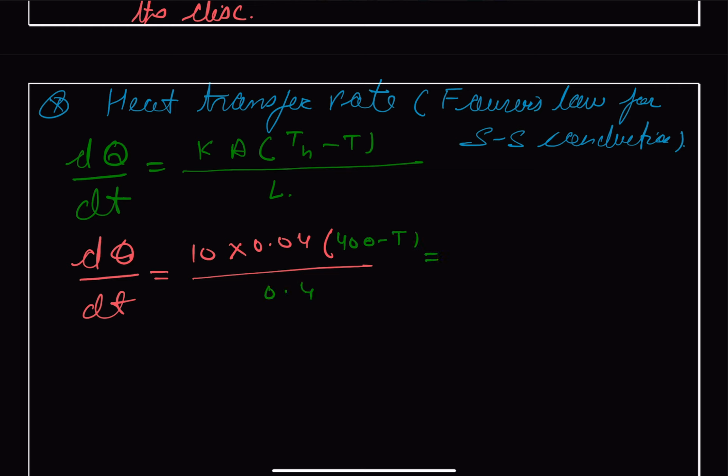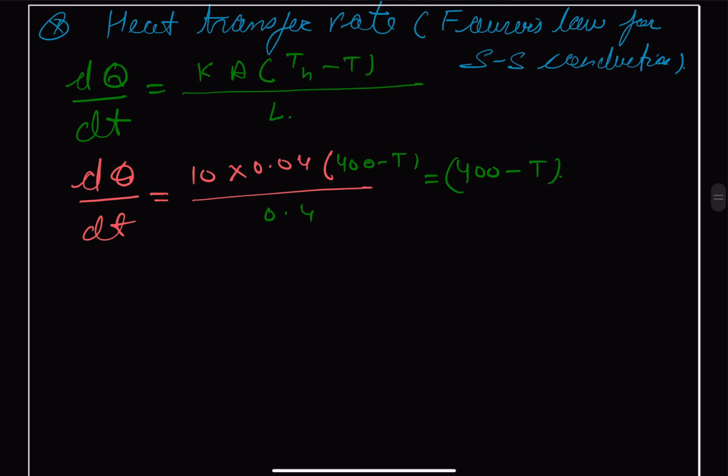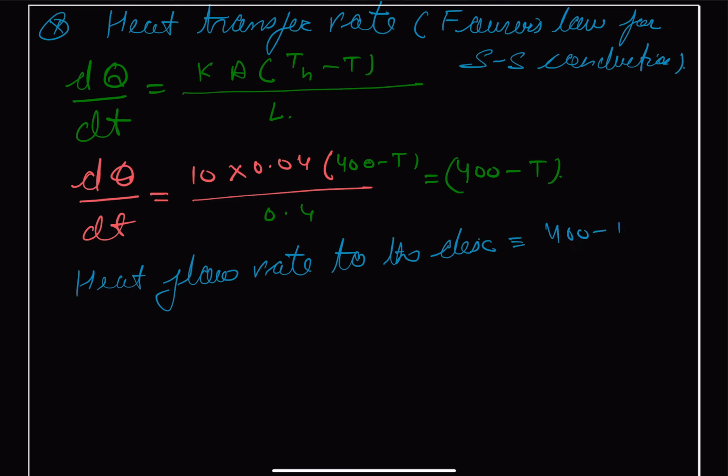So this comes as 400 minus T. So it means this is our heat flow rate to the disk. Heat flow rate to the disk is 400 minus T.